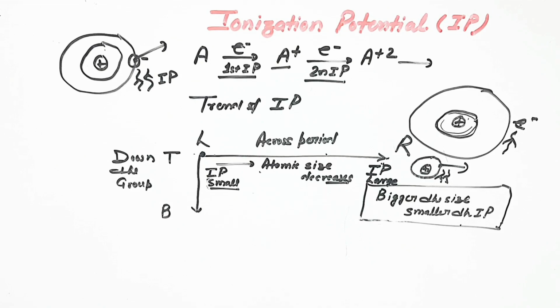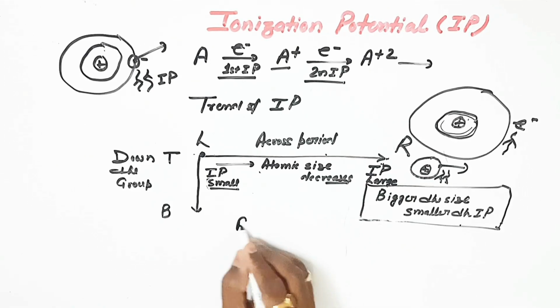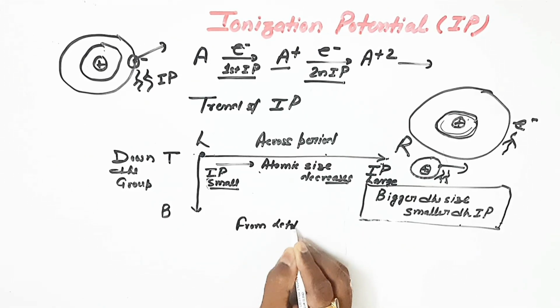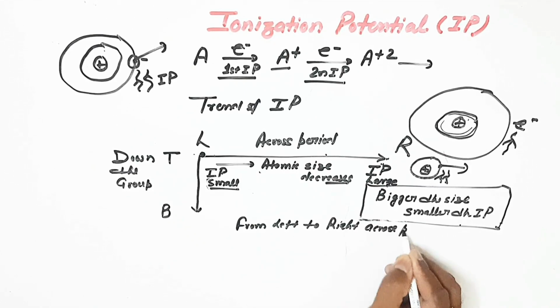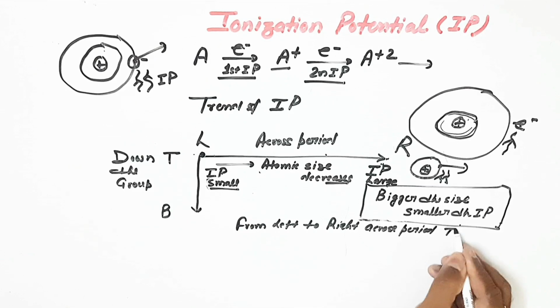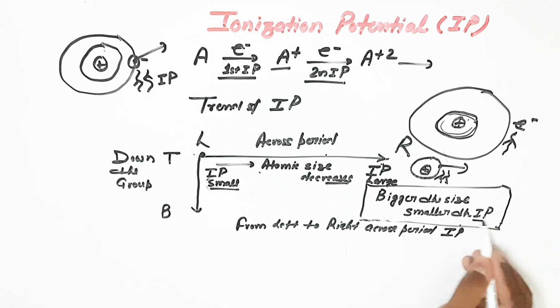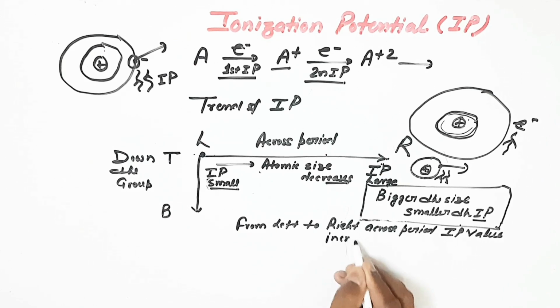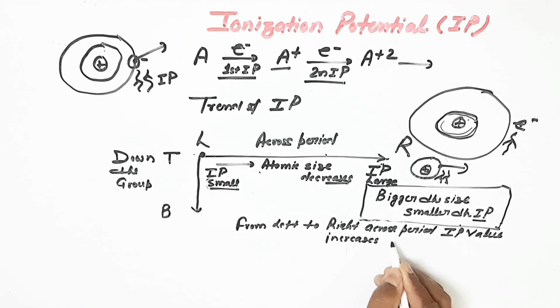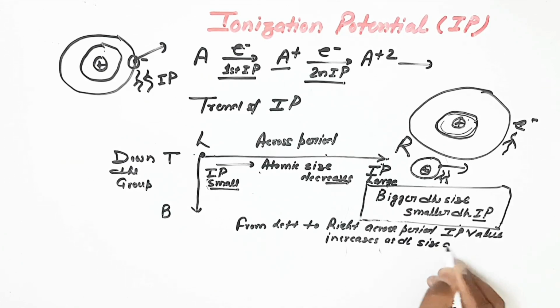So what is the conclusion? From left to right across a period, IP, here IP means first IP, the IP value increases as the size decreases.